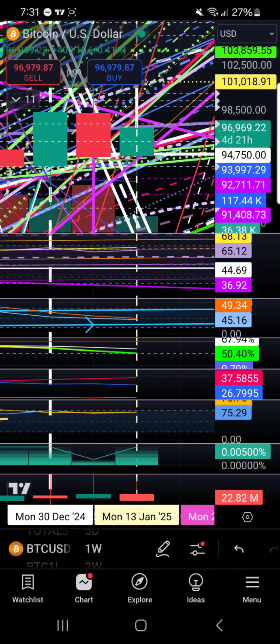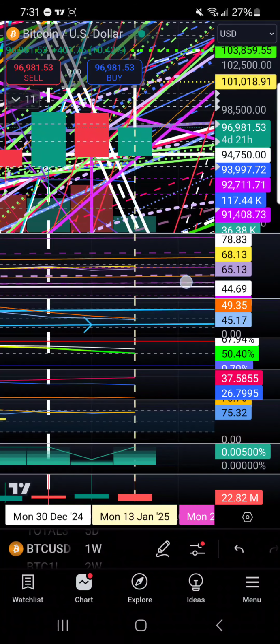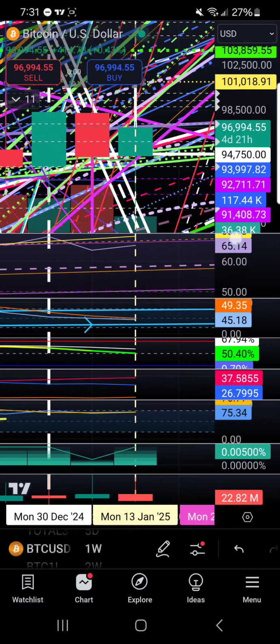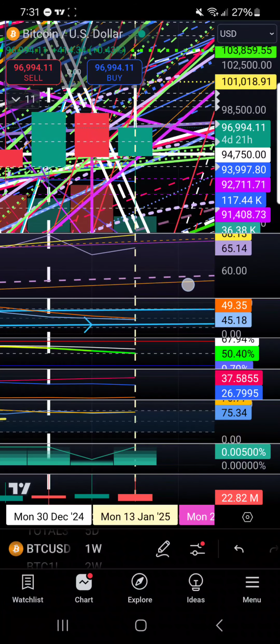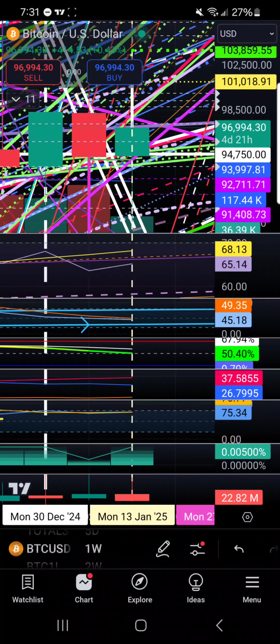I pointed that out last video or two videos ago, something like that. Well, it couldn't have been too long ago because it just happened on Sunday. As it was forming on Sunday, I pointed out this bullish divergence from this low here to our next low.